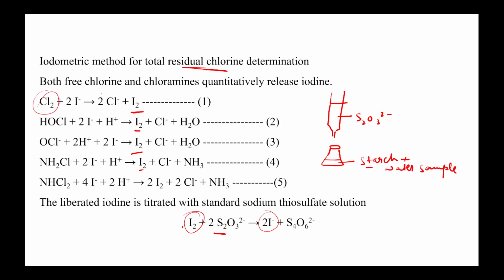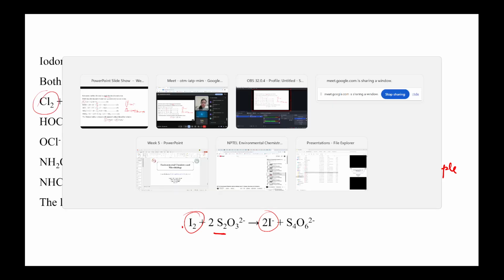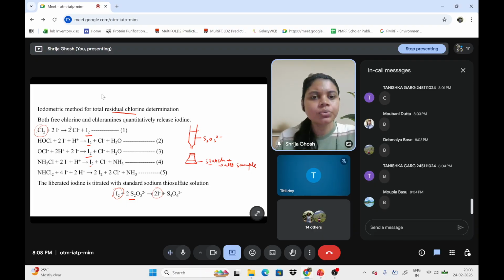That's how we determine the residual chlorine concentration in the sample. So this is how we do iodometric titration, and the appearance of blue color because of the presence of starch is the end point of the titration.